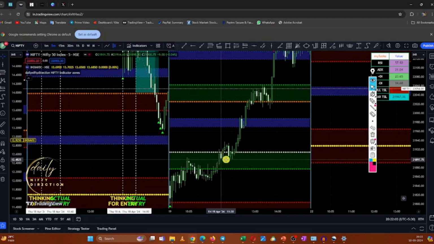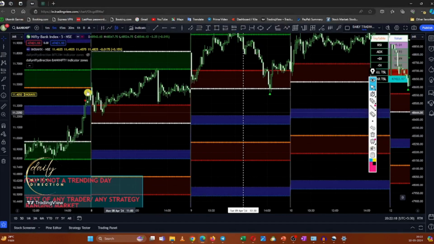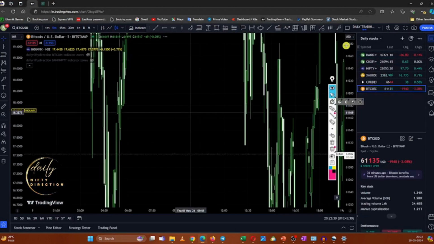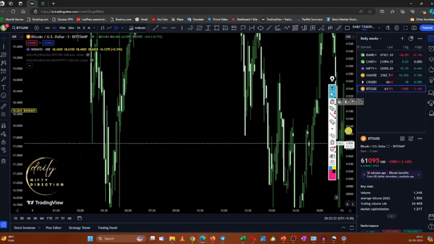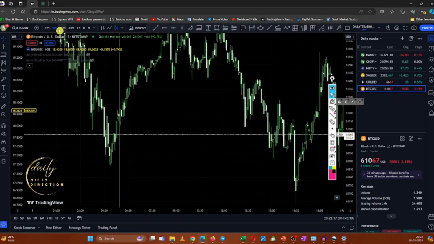Here your entry triggers, and here your actual entry is here. So similar is the case in Bitcoin also. How does it react on the prices, law of vibration prices, okay.